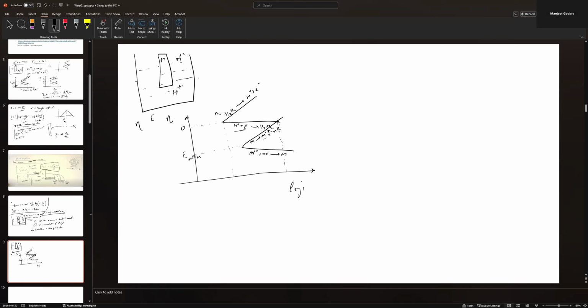So this point is your I corrosion, and the potential at which this corrosion is happening is E corrosion. This is the corrosion potential and the corrosion current density.